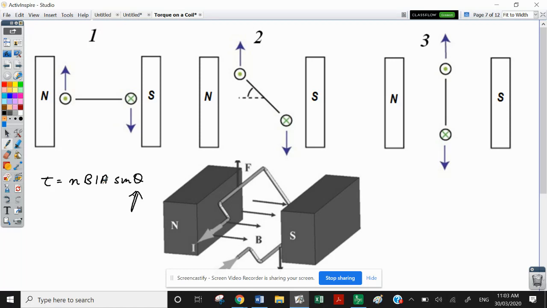So what we are going to do is look at a tilt. Let's make this a tilt of alpha to the field. So here's the field going across there. That angle there is going to be alpha, and that means the angle between the plane of the coil and the field is alpha.